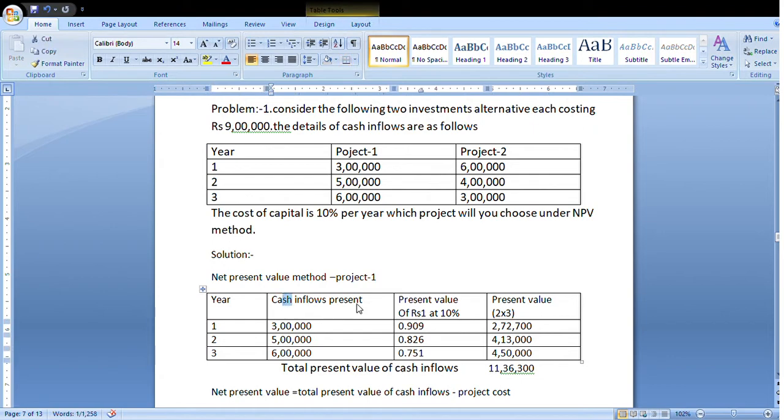You calculate this third column and second column. This third column is the present value of rupee 1 at 10%. This value you calculate based on the present value table.